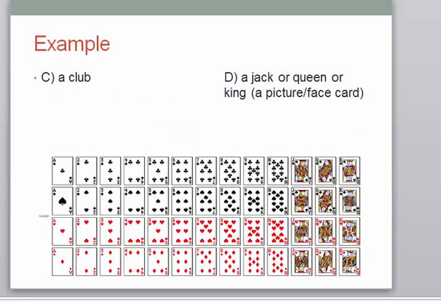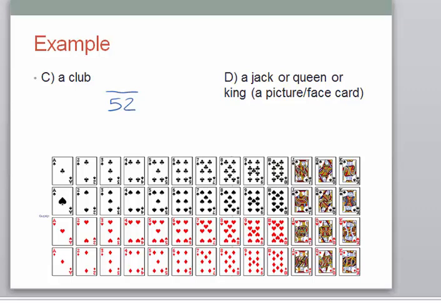Part C of our example asks us to find the probability that the selected card is a club. So again, there are 52 cards in the deck, and so when we set up our fraction, we know that 52 will go in the denominator. For the numerator of the fraction, we need to count the number of clubs that are in the deck.